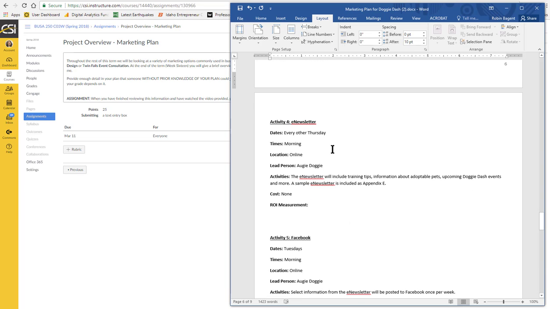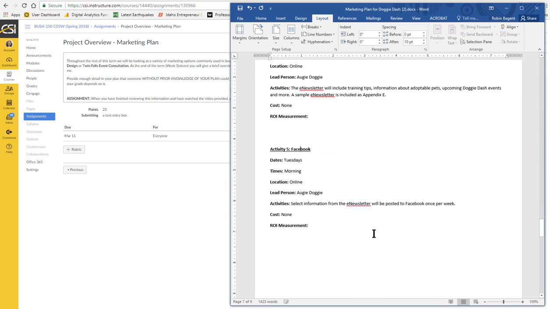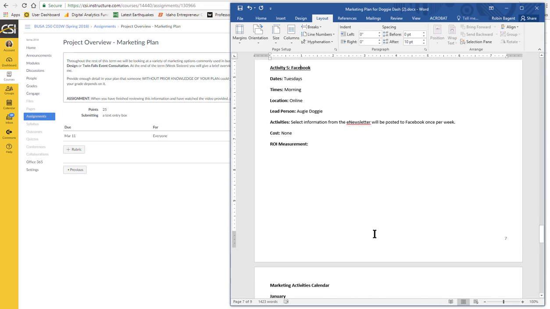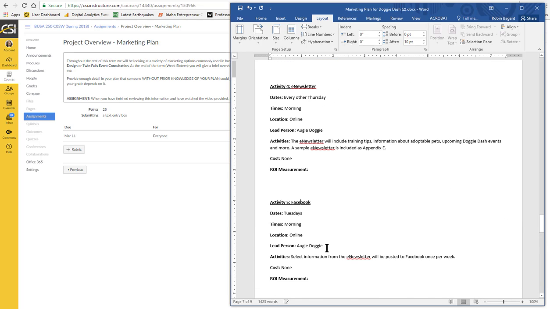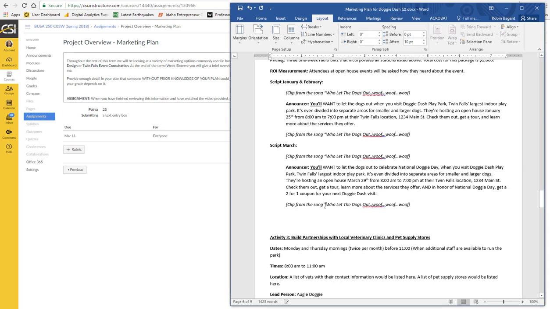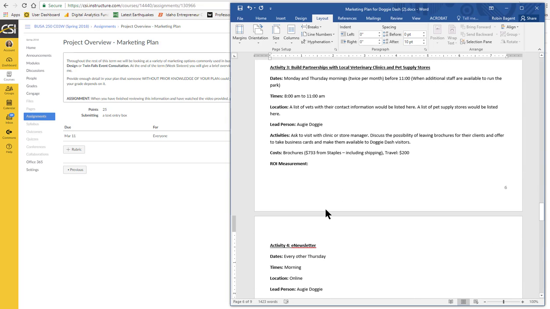Next week, we will look at some electronic options, including newsletters, Facebook, etc. And you may want to choose some of those as activities. You only need to pick 3. But you do want to make sure that you cross-promote to each one. So, for example, in your open house that you're going to be holding, you would also have brochures.